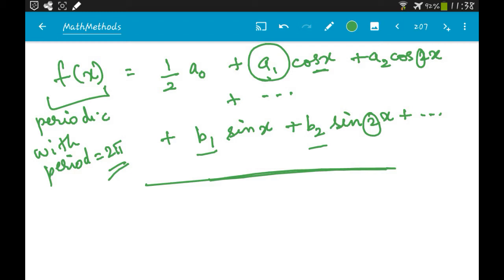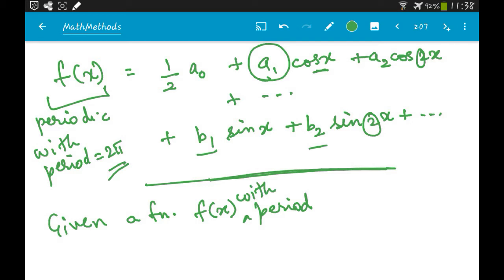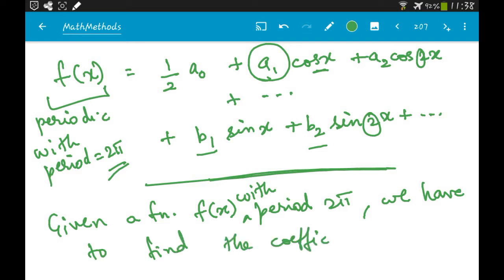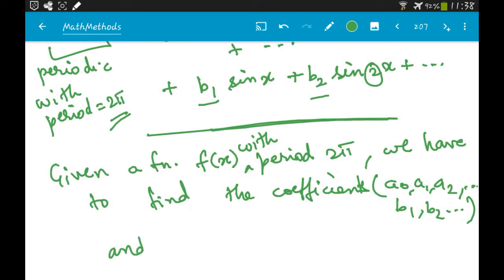So now what we have to do, given a function f of x with period 2 pi, is find the coefficients, which are a0, a1, a2, etc., b1, b2, etc., and the frequencies.